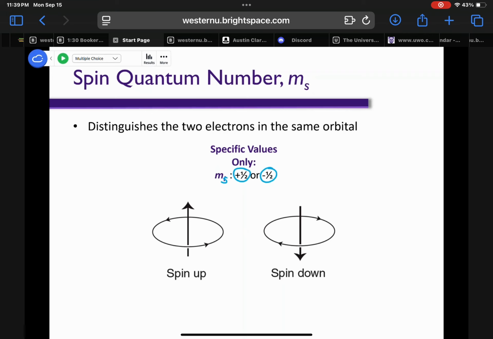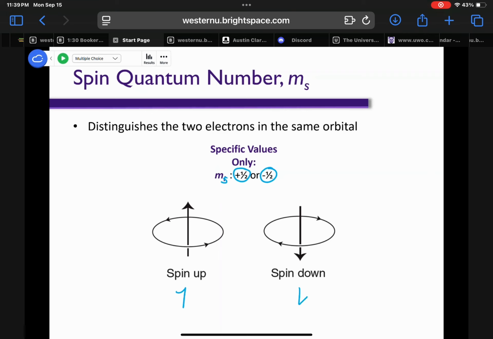Basically, it could be up spin, so if it's spinning like this, it has a moment going up, or if it spins like this, it has a moment going down. If you learn from physics with the coil thing, it shows the moment going up or the moment going down. So electrons can have an up spin or a down spin. That's it. We usually designate it with a single-headed arrow, an up spin or a down spin.